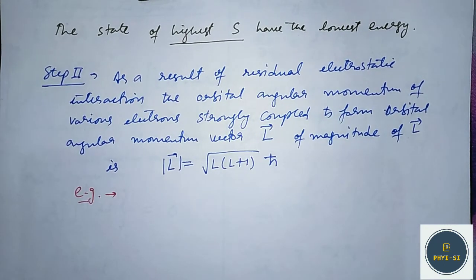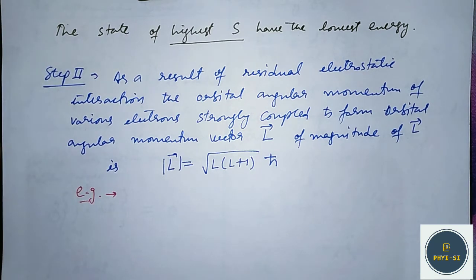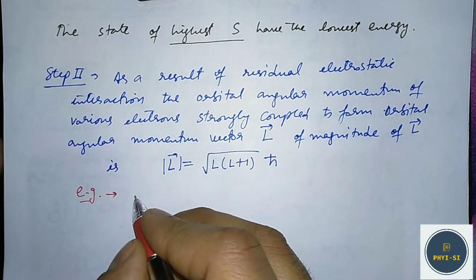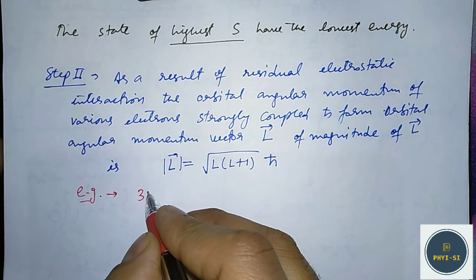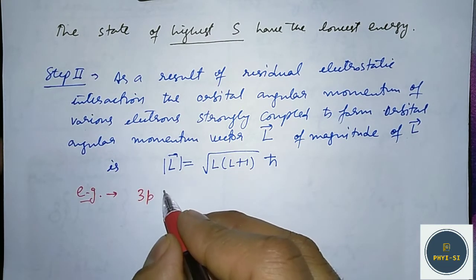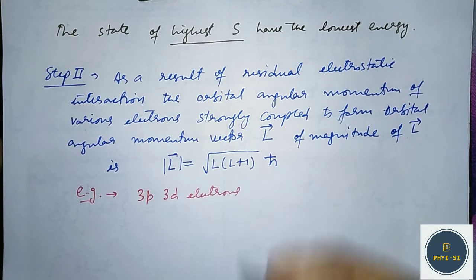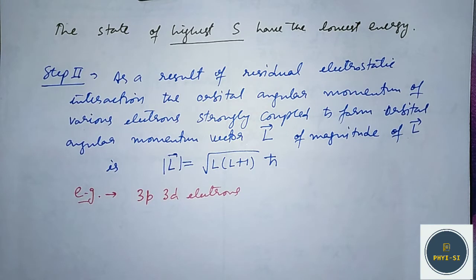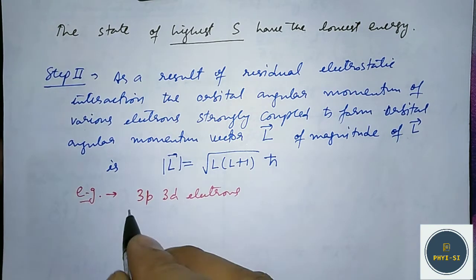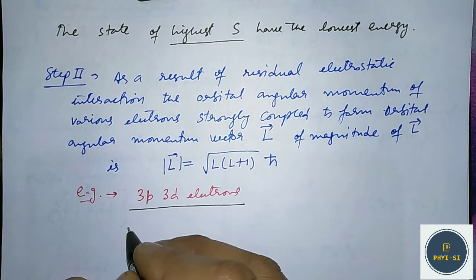Suppose we have two electrons, one 3p and one 3d electron. For this electron we have L1.